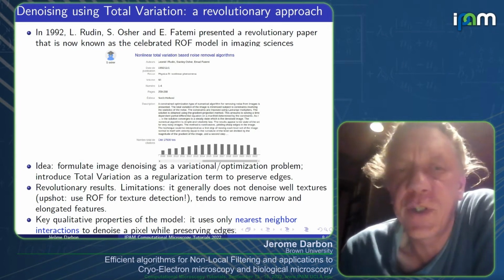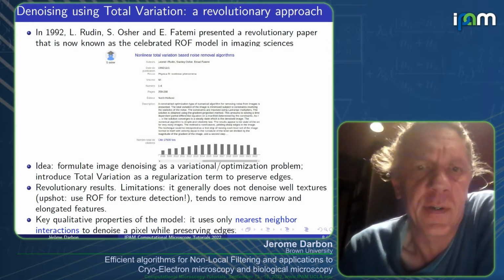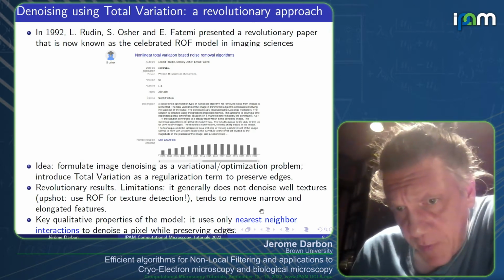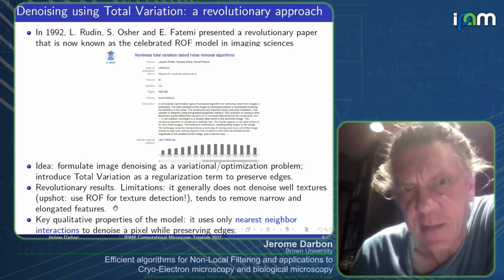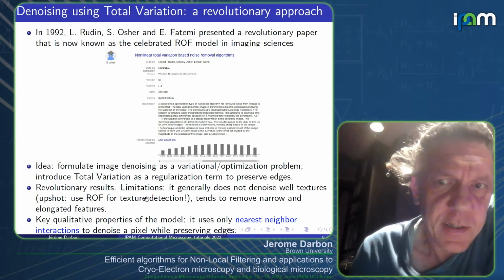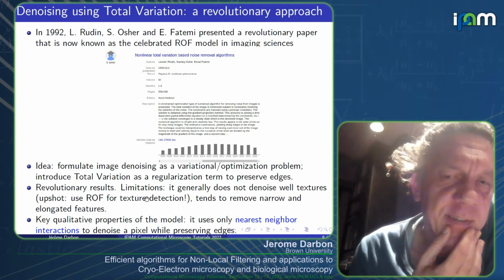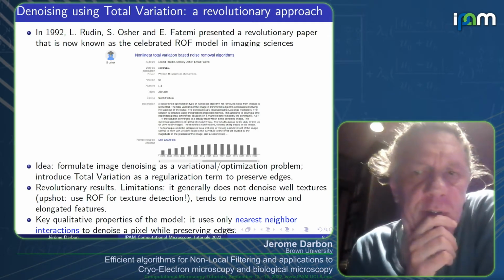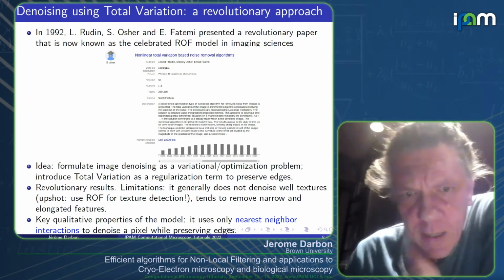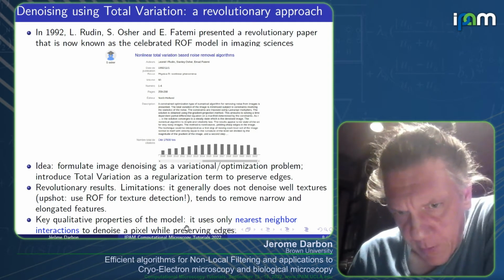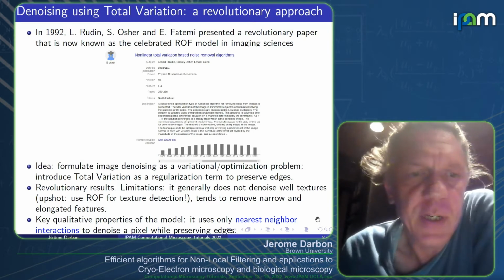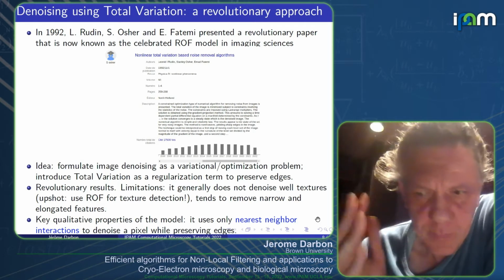So depending on what you wish to do, this model is still useful. And if you also have some narrow and elongated features, the ROF model tends to remove those features because it is embedded in the definition of what the total variation is. Total variation is defined using only the nearest neighbor interactions.